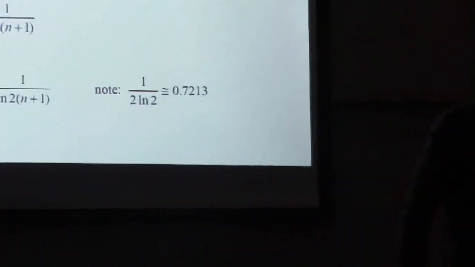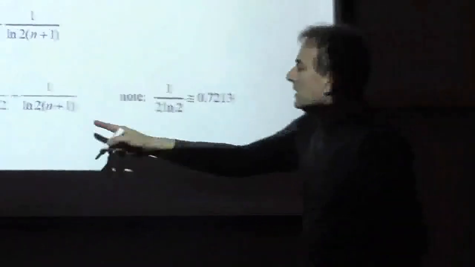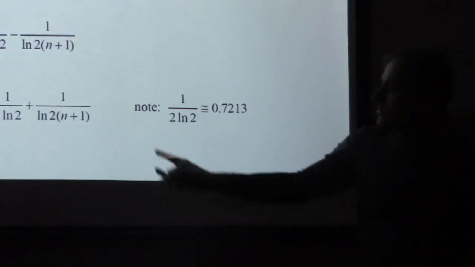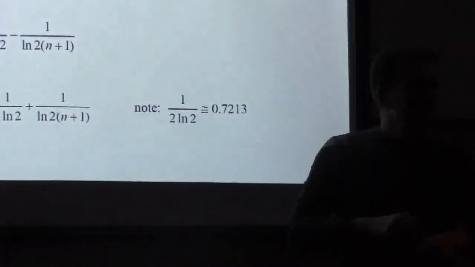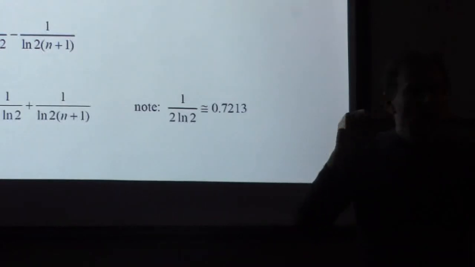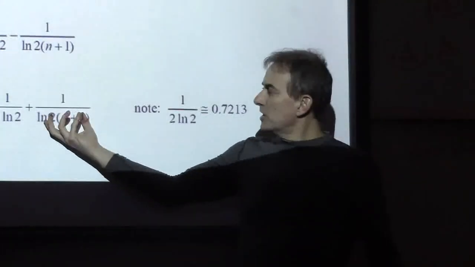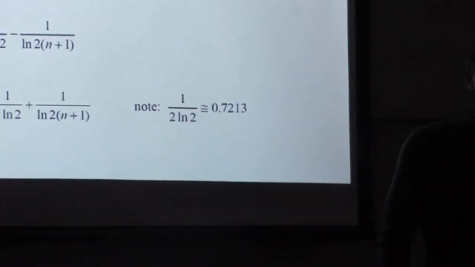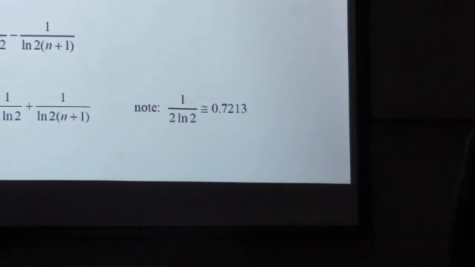Then n plus 1 is very large, right? And ln 2 is going to be what? 0.7. So what's going to happen to this term when n becomes very large? It goes to 0. The bigger the n, the smaller this term is.